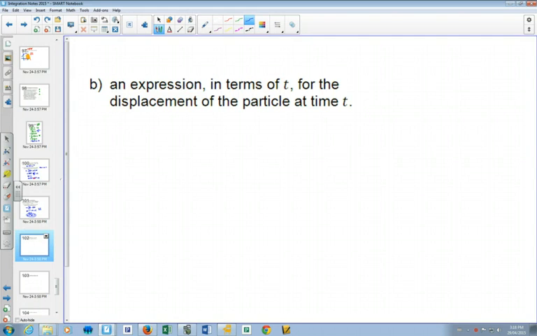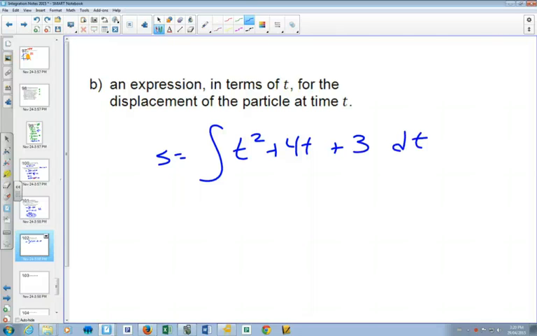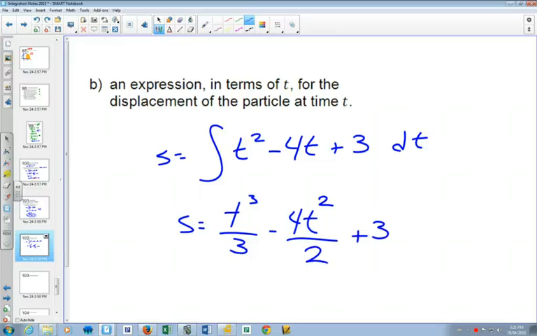Since we are at time 0, our displacement will be the integral. Was it plus 4t plus 3? Yes? Good. No, minus 4t. And then our integral here will be t cubed divided by 3 minus 4t squared divided by 2 plus 3t plus d.